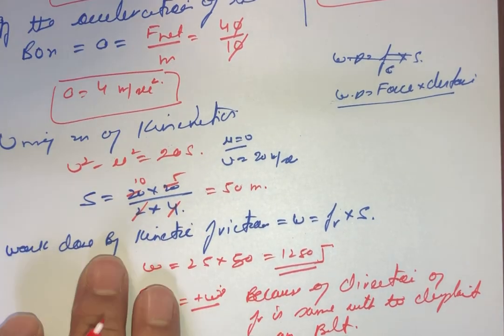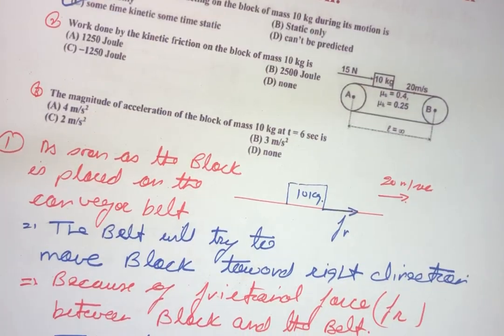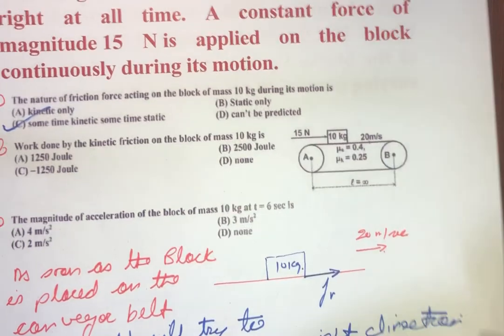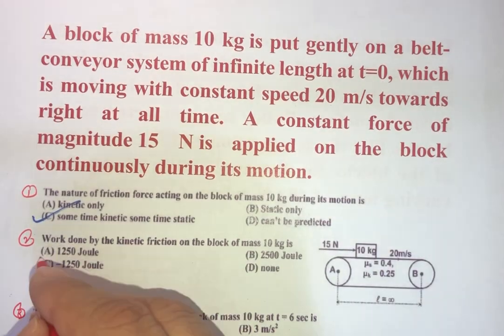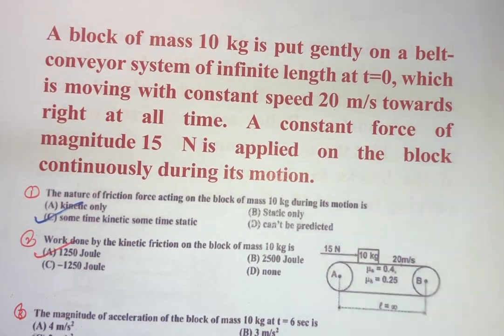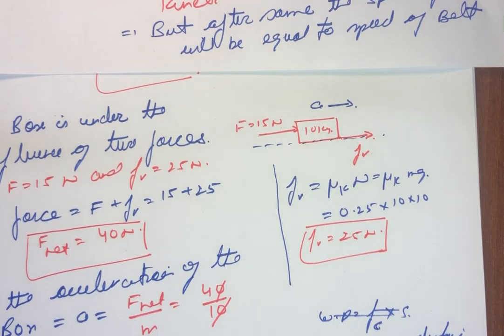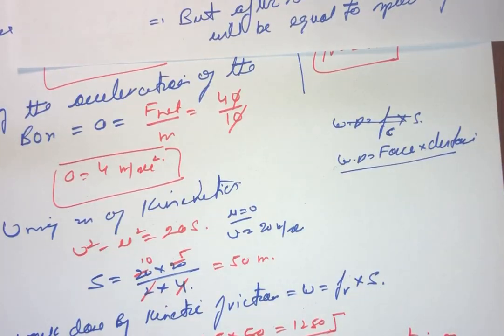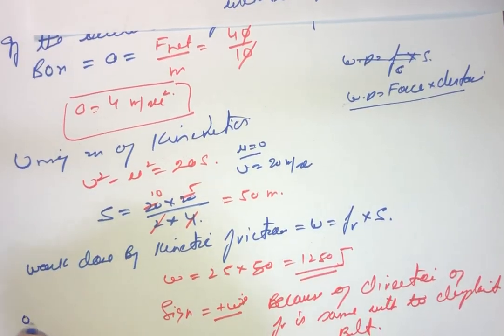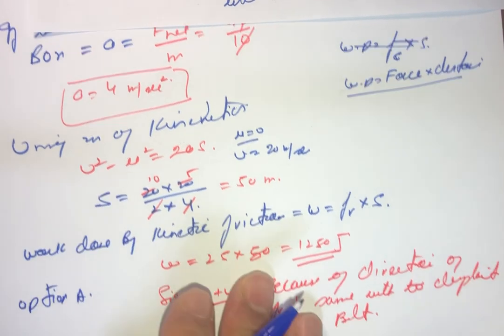So this is our second part. So we get the answer as A, that is 1250 joule. Okay, so here we can write option A is the correct one.